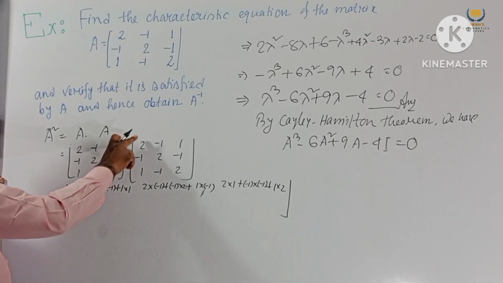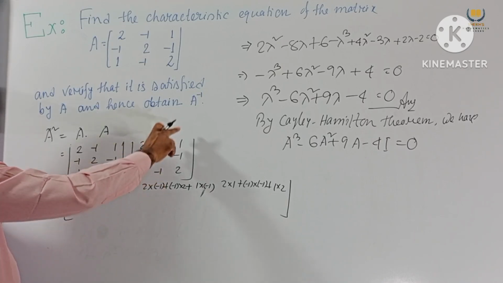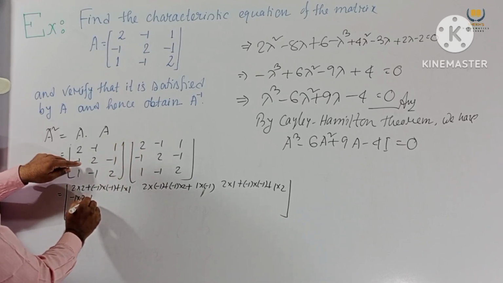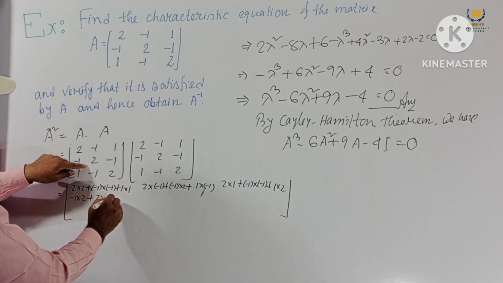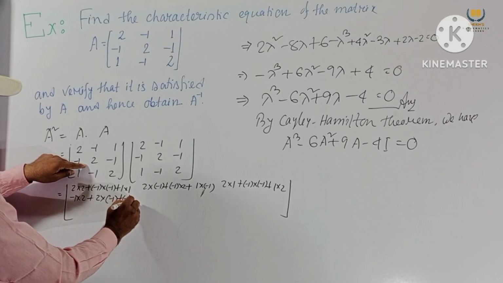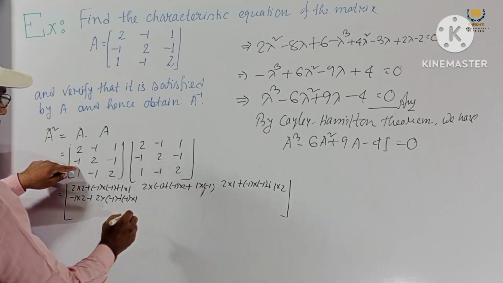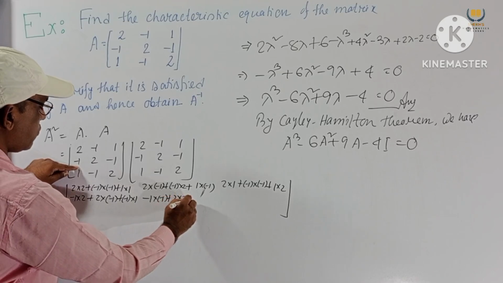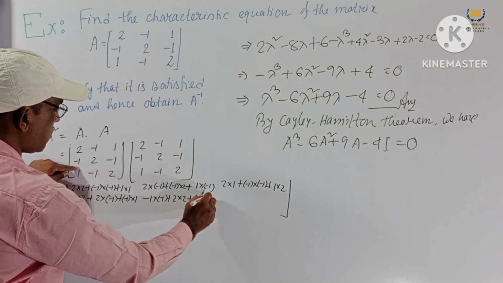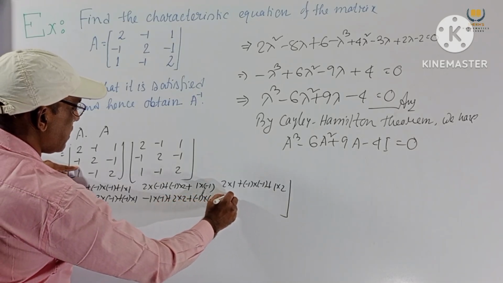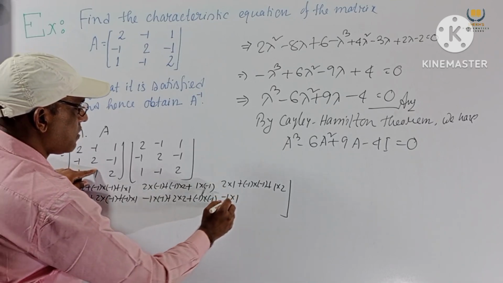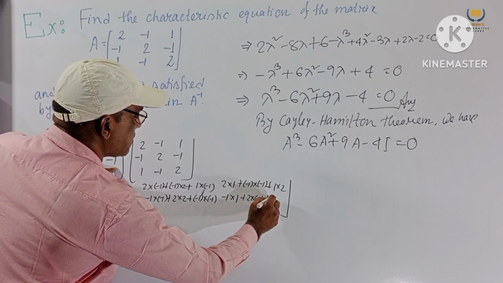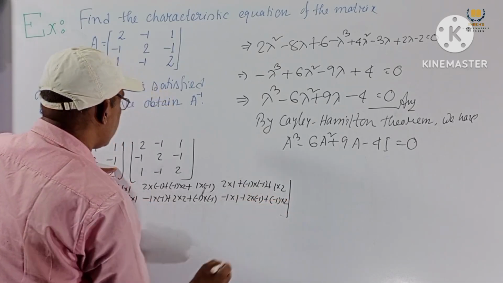Similarly, taking the second row, multiplying with this column, this column, this column: minus 1 into 2 plus 2 into minus 1 minus 1 into 1, minus 1 into minus 1 plus 2 into 2 minus 1 into minus 1, minus 1 into 1 plus 2 into minus 1 plus minus 1 into 2.